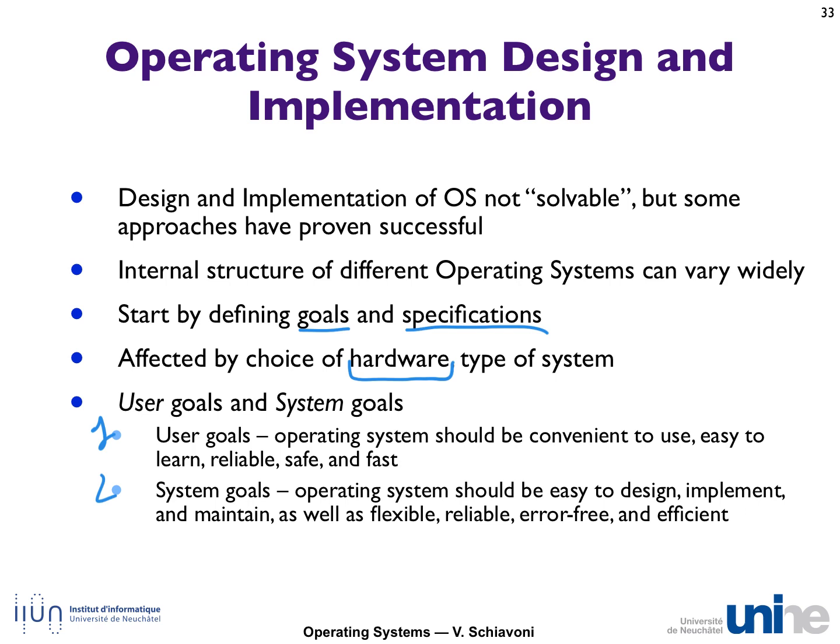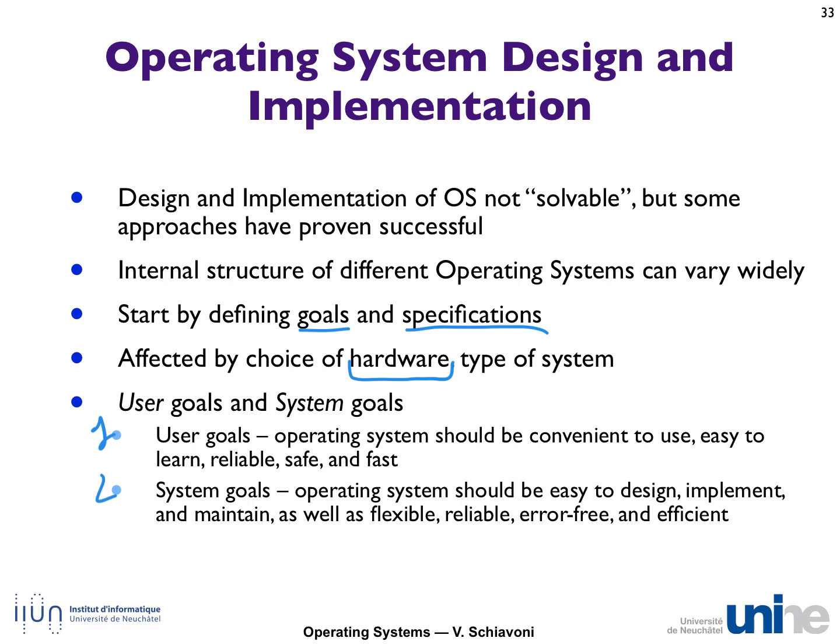The system goals for an OS are that it should be easy to design somehow, more or less easy to implement, but also to maintain, especially if you are dealing with a vast amount of code. You want this to be easy, or as easy as possible. You want it to be flexible, so that if there is a new functionality, it is easy to add and to switch between functionalities, for instance. You want it to be reliable.